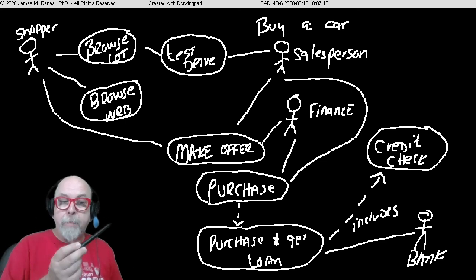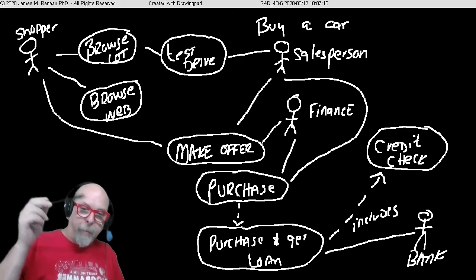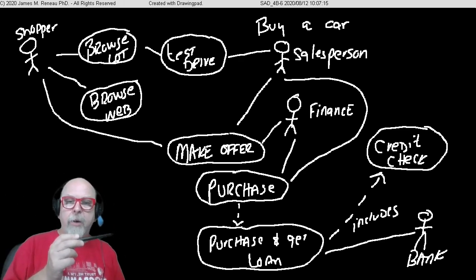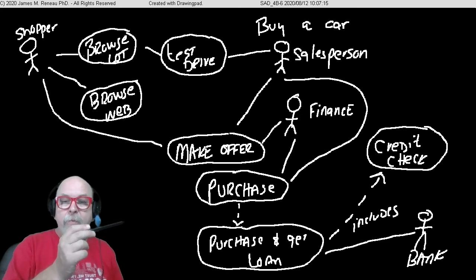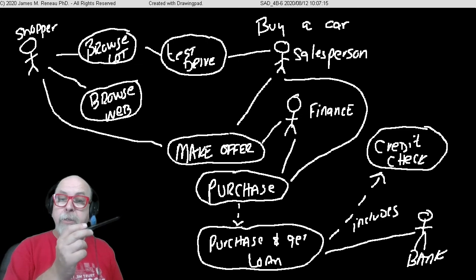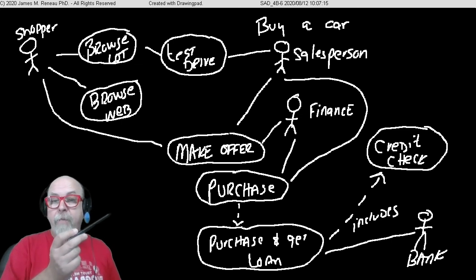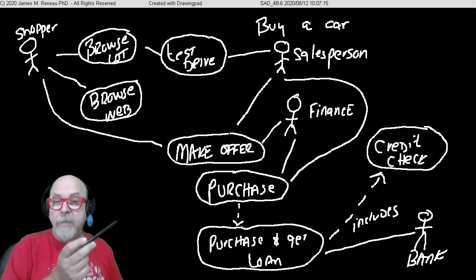If it's a cash purchase, it would just be a purchase, right? But if you've got to purchase and get a loan at the car dealership, and again, the shopper probably should be connected to that also. It extends, and I didn't write the word extends there, but purchase and get a loan would extend purchase, because all of the process of getting a title, the warranty information, all of that applies to purchase.